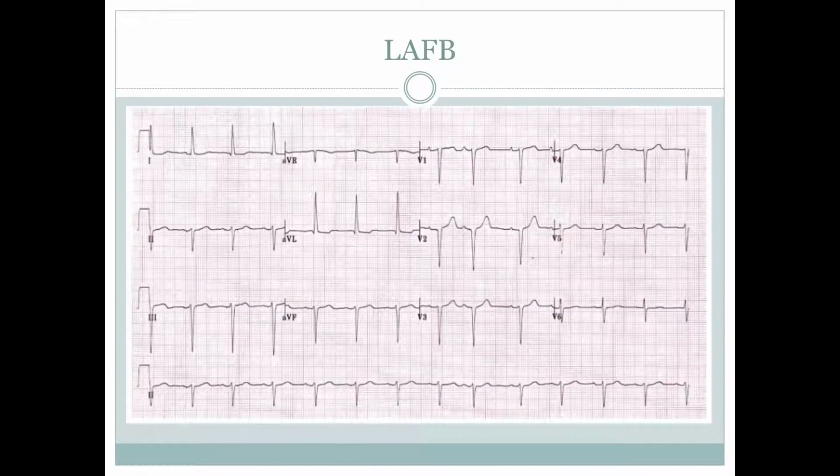So here you can see that in lead 1, we have those small Q waves as well as big R waves. And then in the inferior leads, you've got those small R waves that go into deep S waves. And once you see this kind of pattern with the left axis deviation, you can then say there's a left anterior fascicular block.